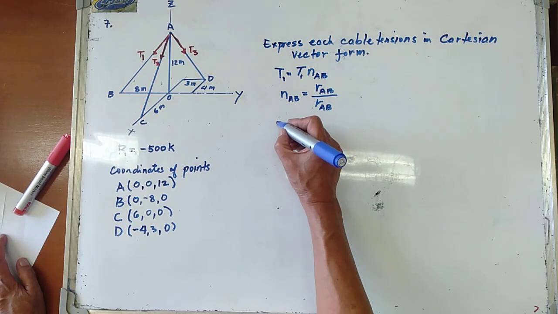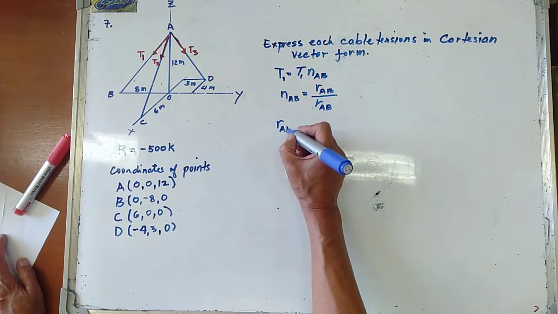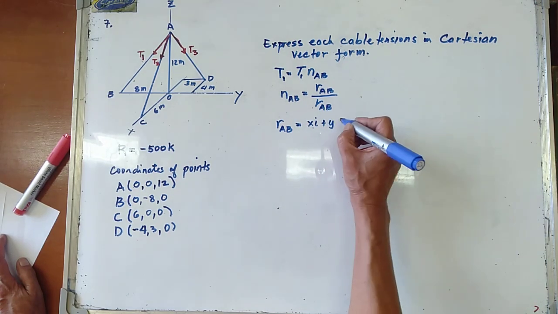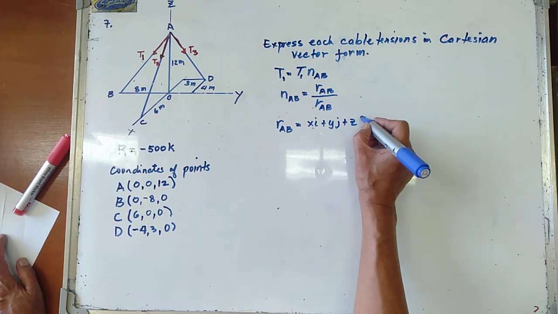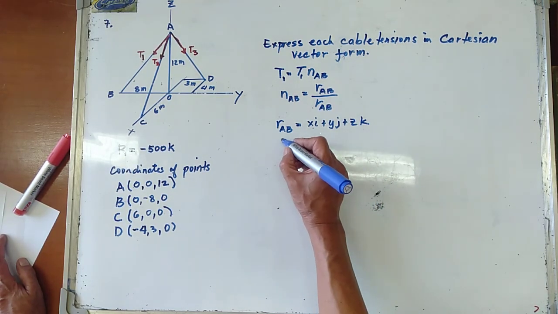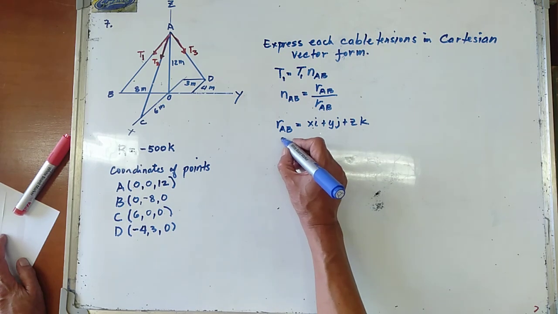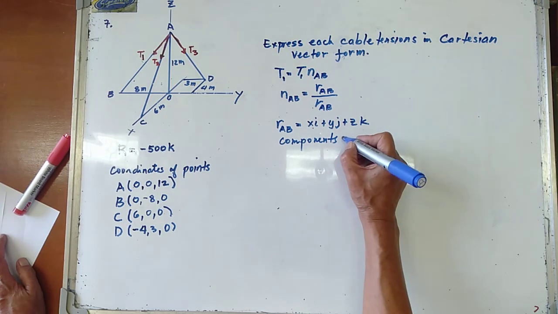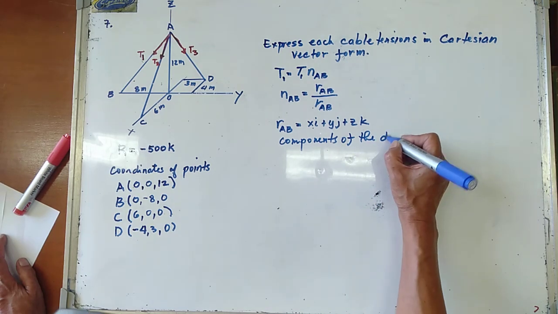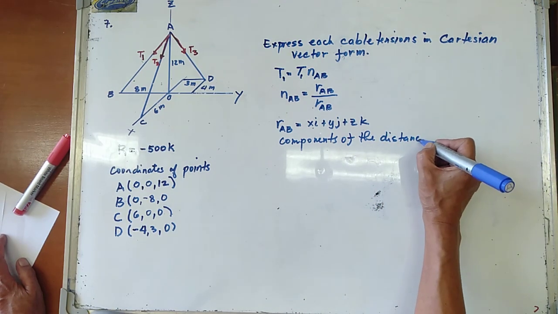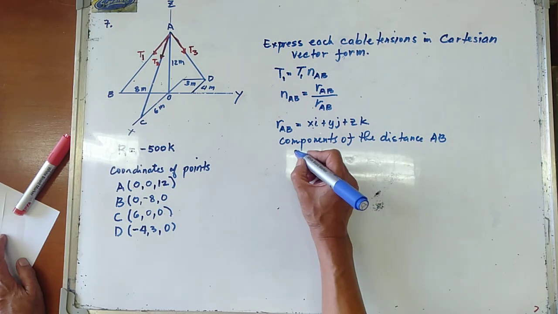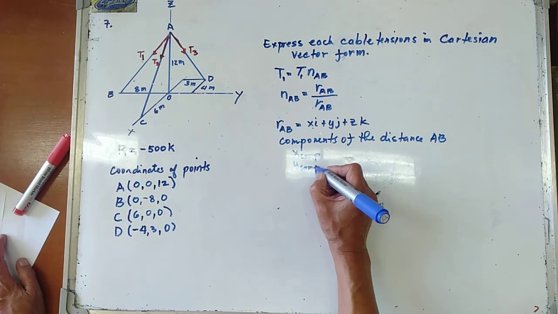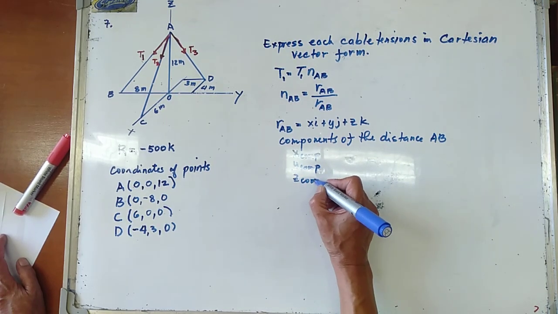So we have the position vector AB equal to xi plus yj plus zk. Let us determine the components of the distance AB: the x component, the y component, and the z component.